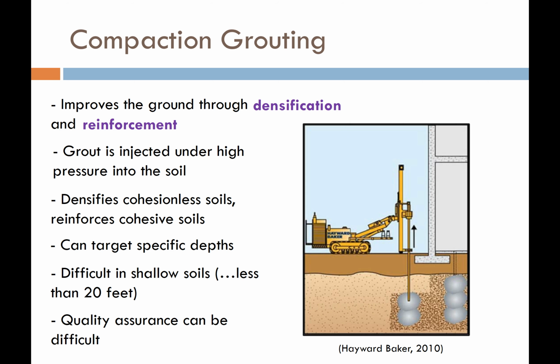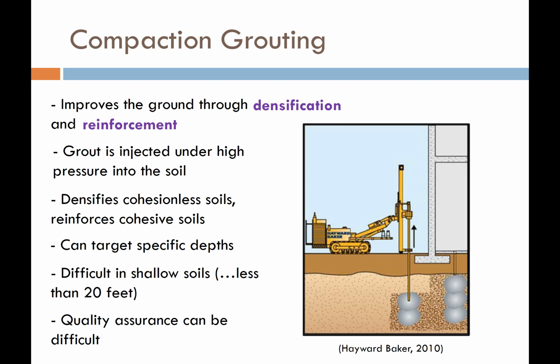So, if we have cohesionless soils, then it certainly will densify the soil. If it's not cohesionless and it's cohesive, it just provides some reinforcement to the soil. One of the biggest advantages of compaction grouting is that we can target specific depths. We do not need to improve the entire soil column.